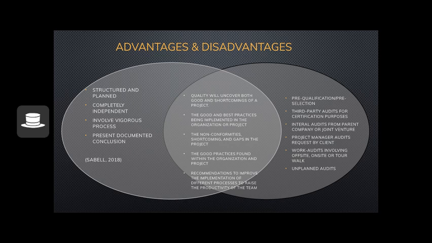Some of the commonalities of both are that quality audits will uncover both goods and shortcomings of a project: the good and best practices being implemented in the organization or project, the nonconformities, shortcomings, and gaps in the project, the good practices found within the organization and project, and recommendations to improve and implement different processes to raise the productivity of the team.